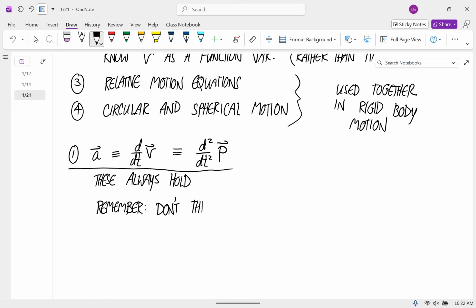Don't think of it this way. Don't think that the acceleration is the derivative of the velocity, which is the second derivative of the position. That derivative relationship has to be with respect to time.